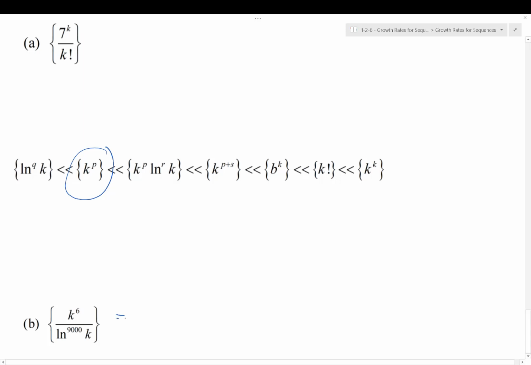It's going to grow much, much faster. So therefore, the limit as k goes to infinity of k to the 6 over the natural log of k raised to the 9,000th power: because the numerator grows faster in the long run, this is just going to infinity. So that's the idea.